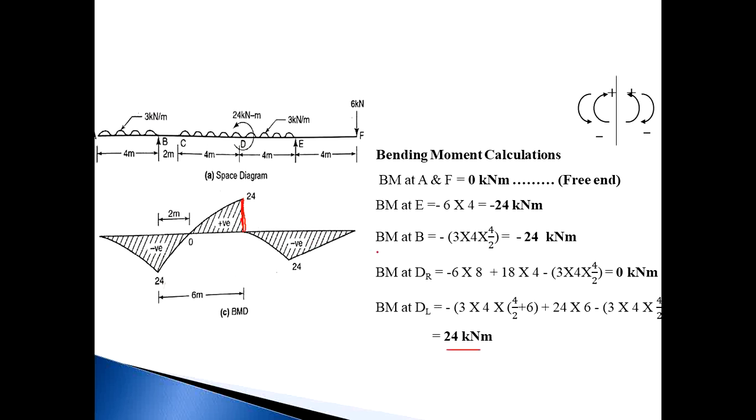Then next at point B, the bending moment value is minus 24. So this is the 24, minus, at the bottom of the baseline. So join this, and this is the C point. I am taking a projection in between C to D. In between C to D there is a UDL, so you should draw by using a parabolic curve.